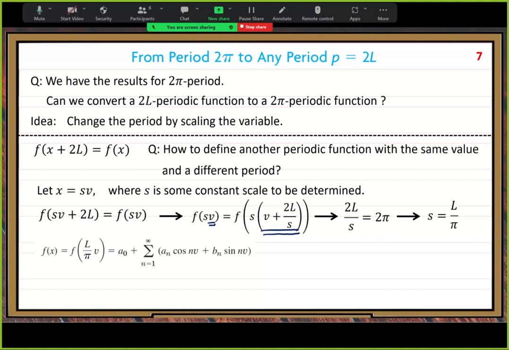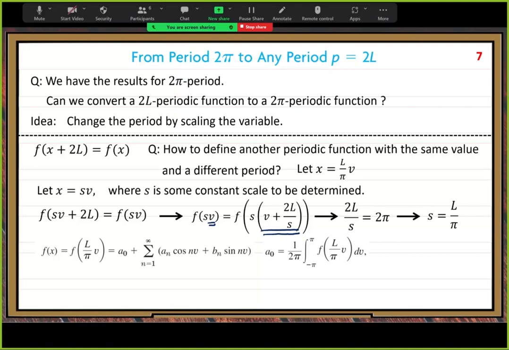If its period is 2 pi, then we can write its Fourier series using the 2 pi formula. So we have the existing 2 pi formula. So a0, because here we use the 2 pi version.